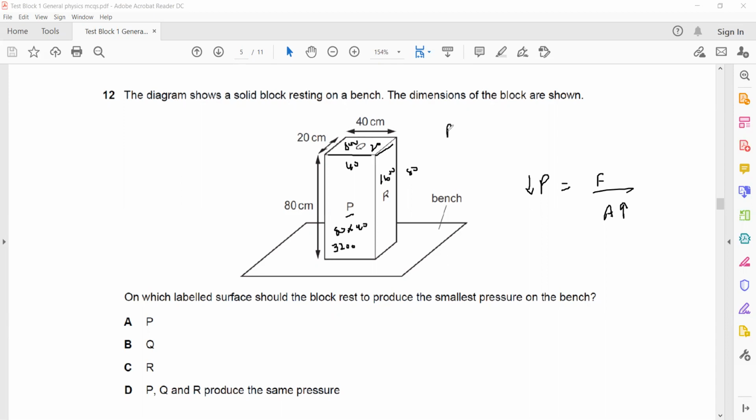So the area of P is 3,200 centimeters square, for R it is 1,600 centimeters square, and for Q it is 800 centimeters square. So which one has the large area? P has the large area, so it will exert the least pressure.